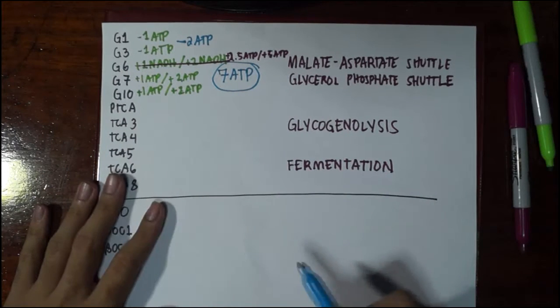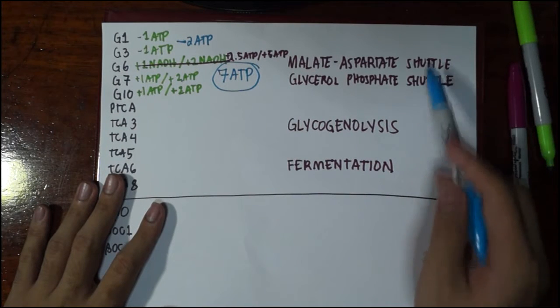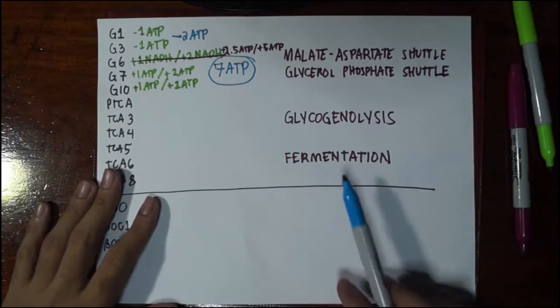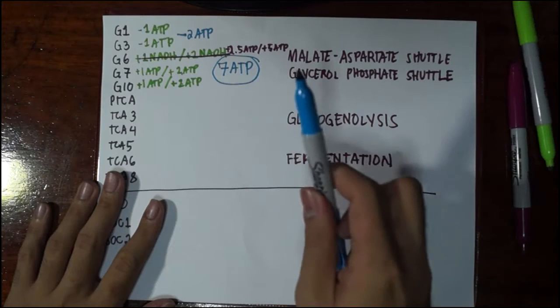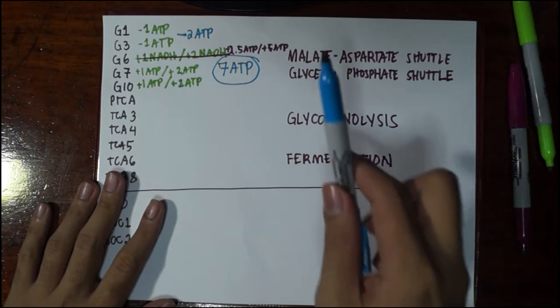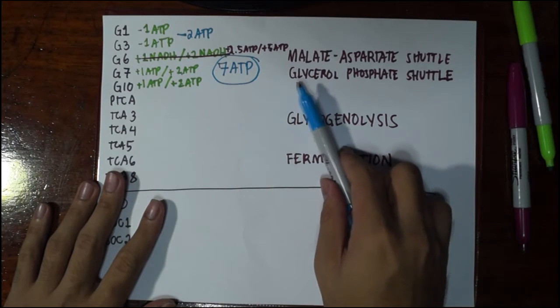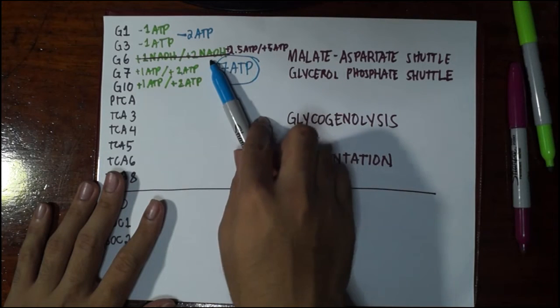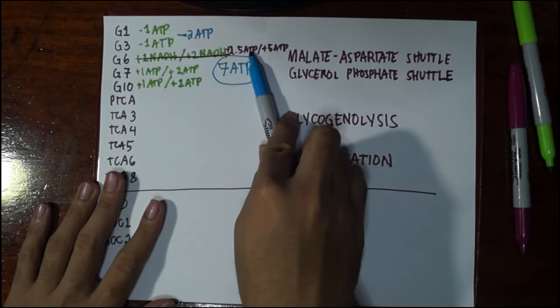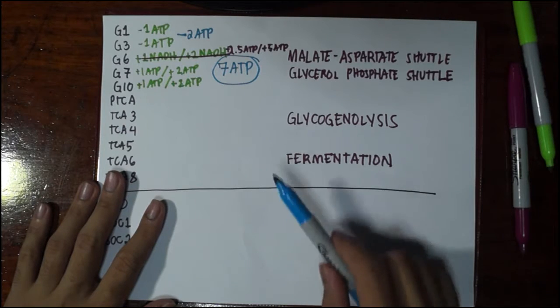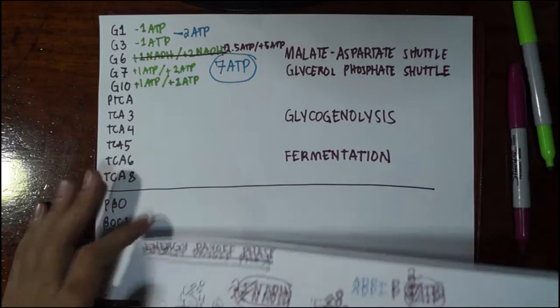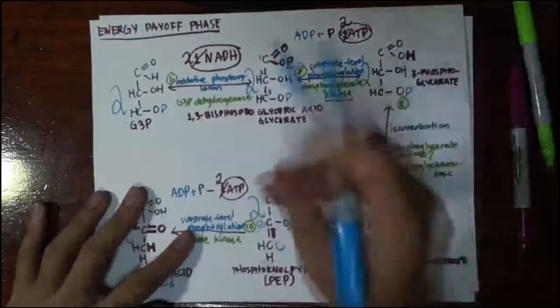But there are shuttles that actually facilitate transfer of this NADH. Remember that glycolysis is performed in the cytosol, but NADH produced in the cytosol cannot be converted to ATP unless it goes to the mitochondria, because the electron transport chain is in the mitochondria. Let me draw it for you.